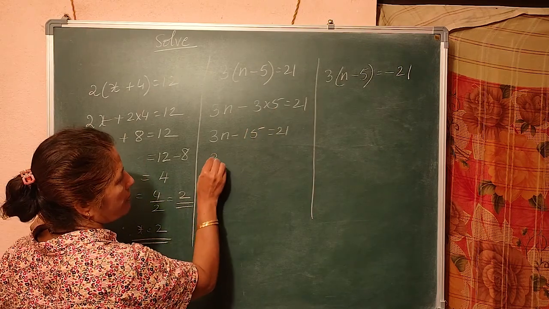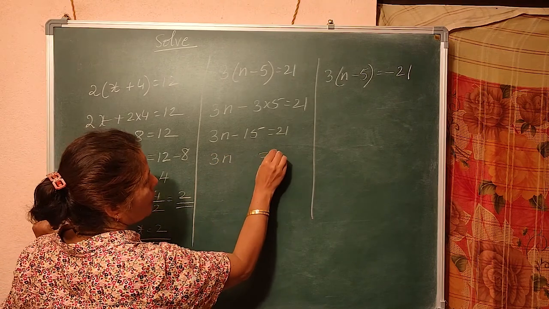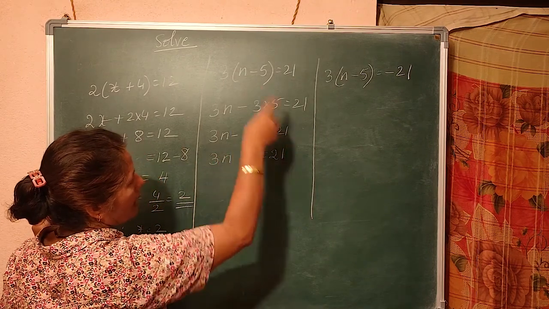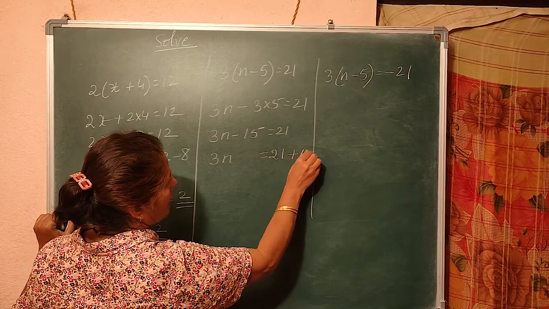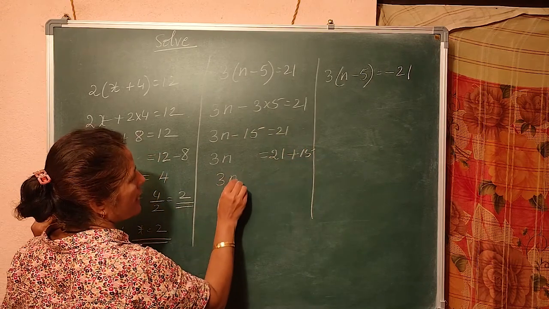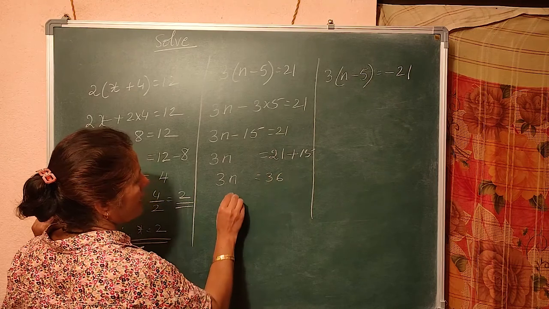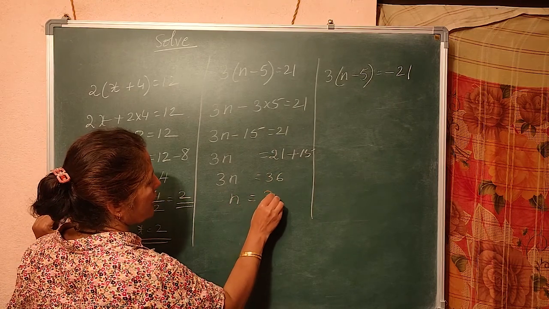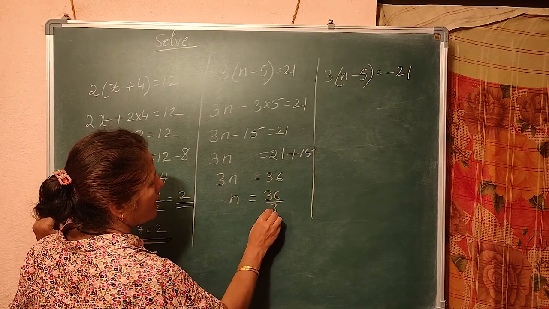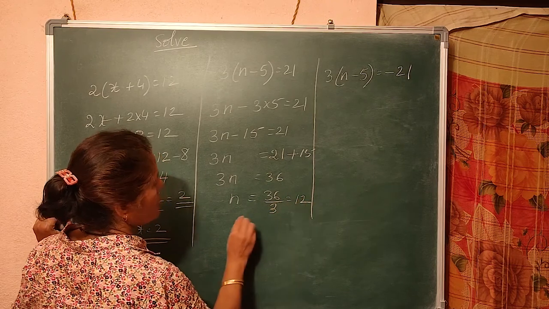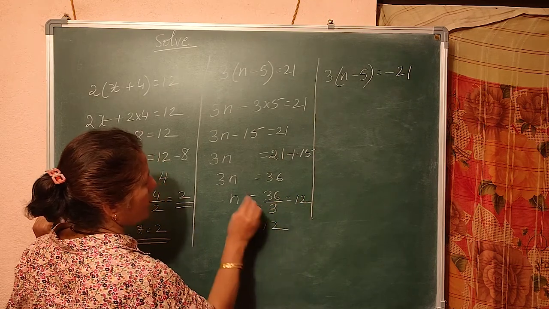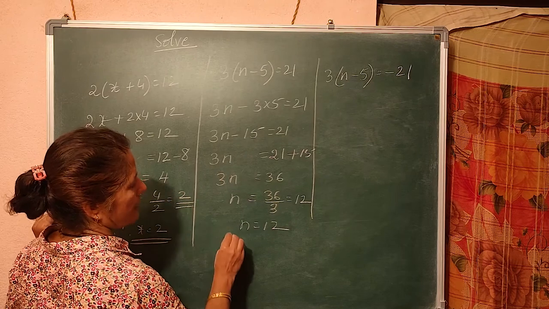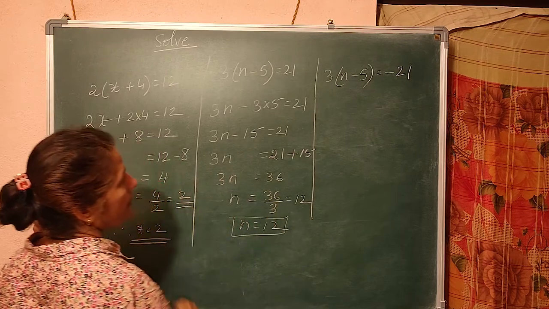So what is the next step? 3n is equal to 21 minus 15, take that side, plus 15. So 3n is equal to 36. N is equal to 36 divided by 3, which is 12. So n is equal to 12.